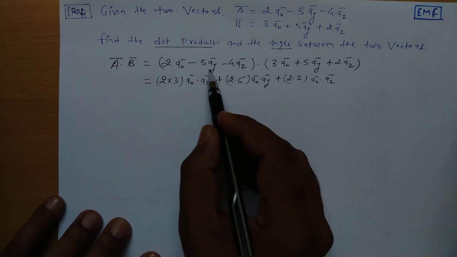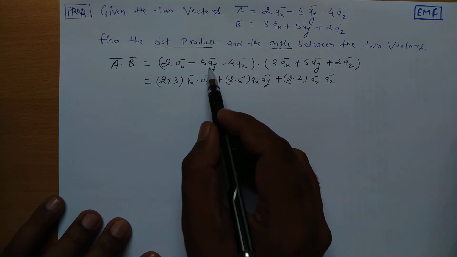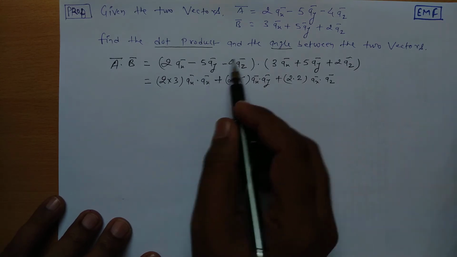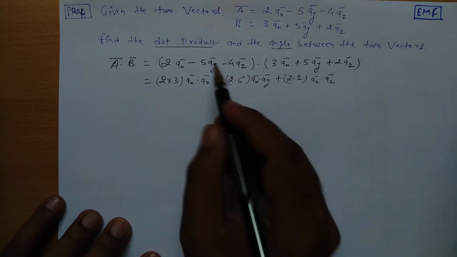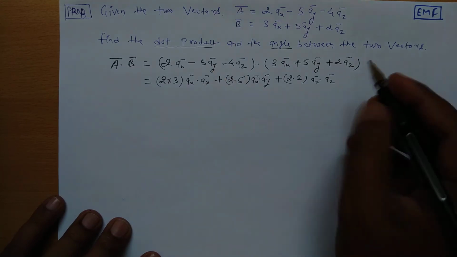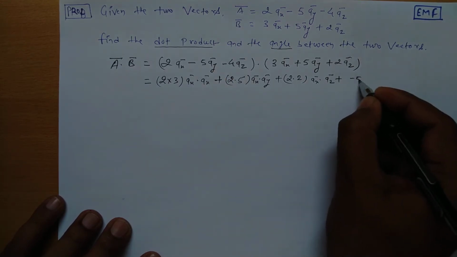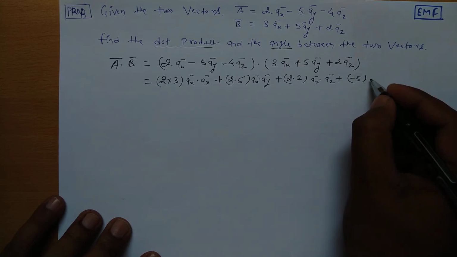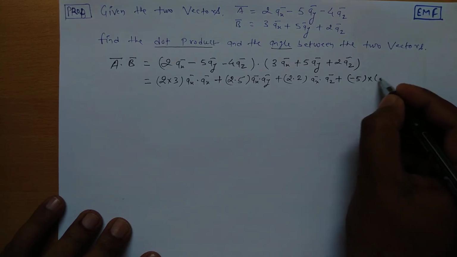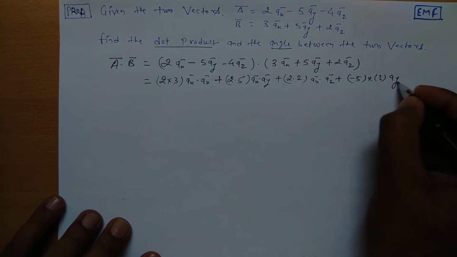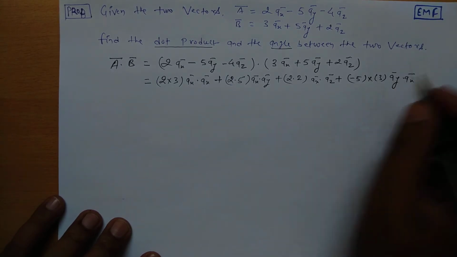So in similar fashion we can apply the dot product for the second component of vector A with all the components of the vector B. So this minus 5ay, I can write plus minus 5 into 3, and this will be ay into ax.